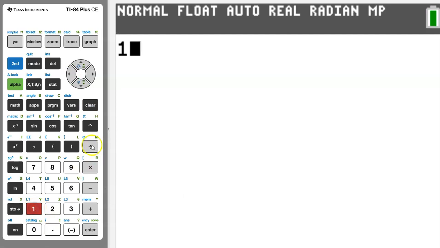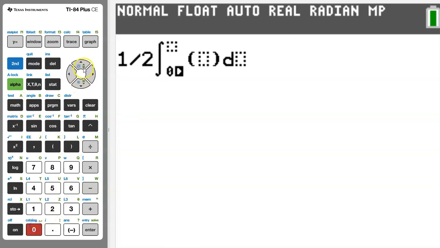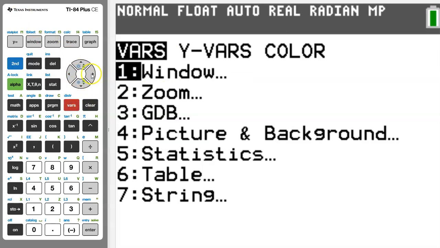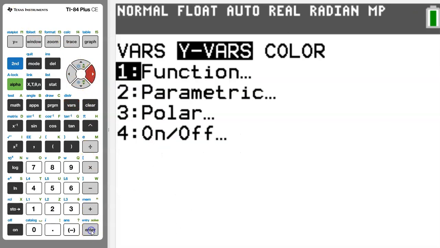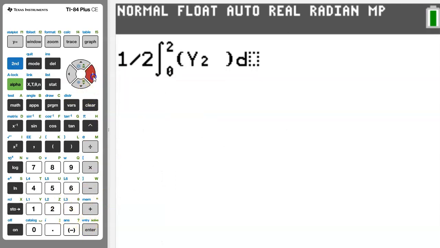So we type 1/2 times the integral, so math 9, from 0 to 2. And then we want f at t, which is in y2. So hit the vars button, switch to yvars, hit enter, and choose y2. And then finish it off with a dx.